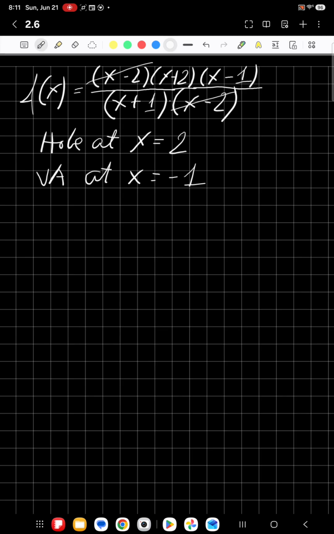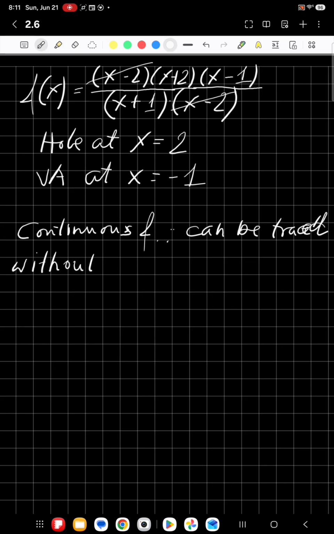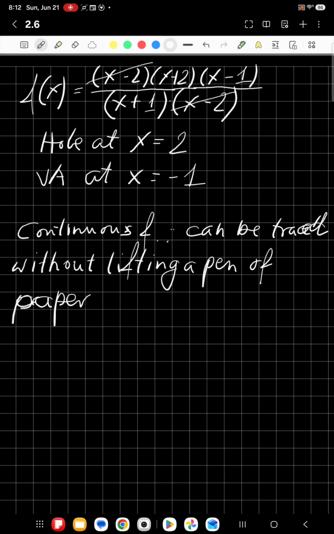Okay, so a continuous function can be traced without lifting a pen off of paper. Yeah, so let's look at example 1.